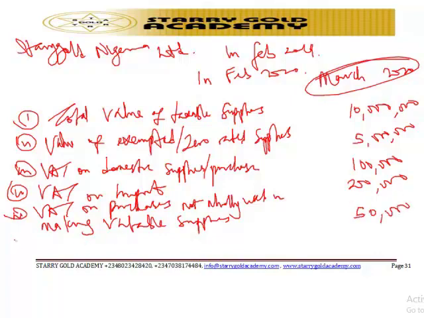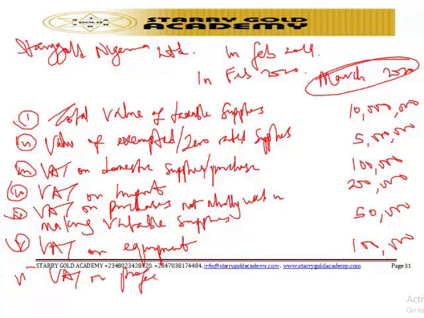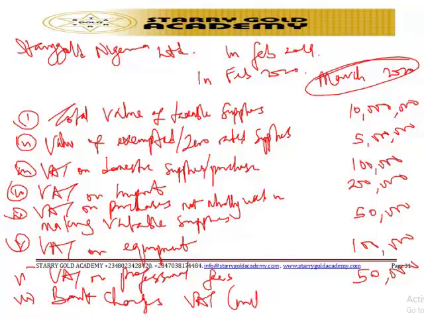Then we have VAT on equipment, 100,000 naira. We have VAT on professional fees paid during the month, 50,000 naira. Then we have bank charges, VAT inclusive, 100,000 naira.